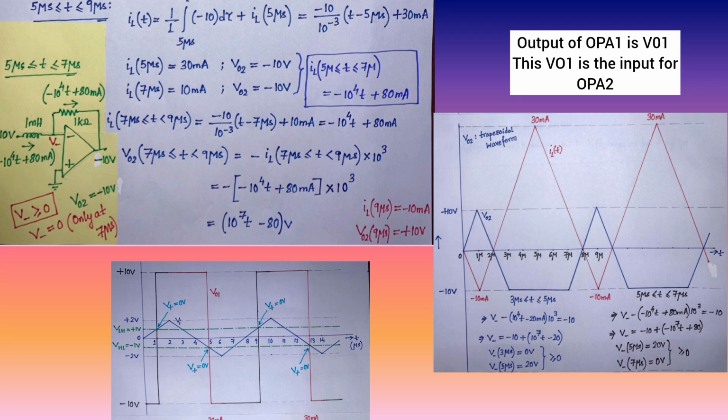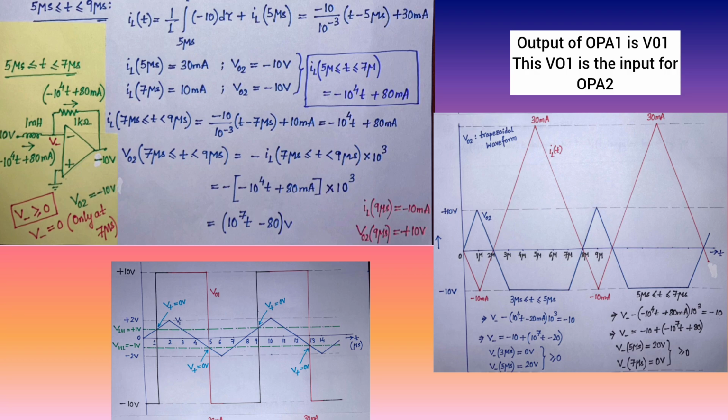At 7 microsecond my inductor current is 10 milliampere, and then it is going to decrease further, because the voltage across the inductor is already kept constant. In the time period of 7 microsecond to 9 microsecond, the op amp is acting as an amplifier.